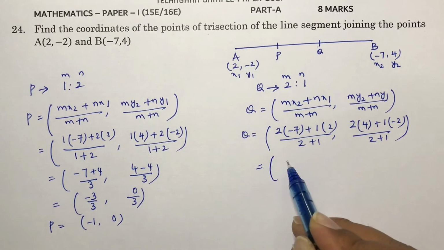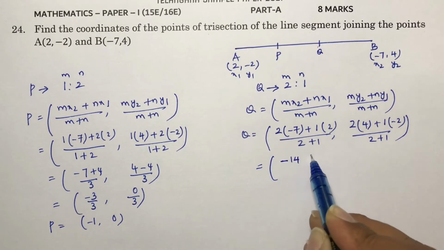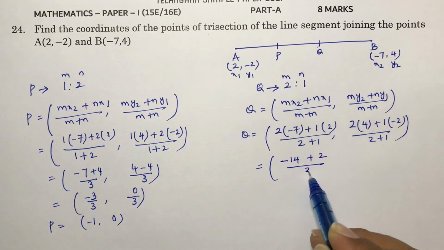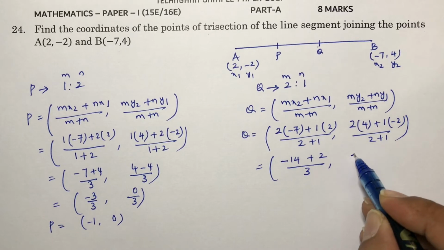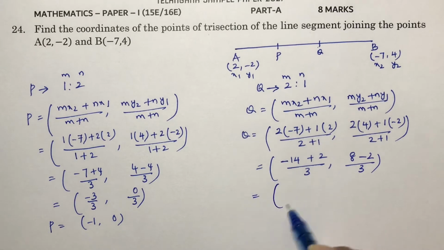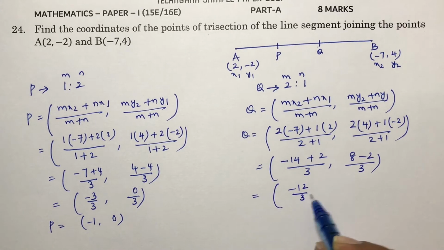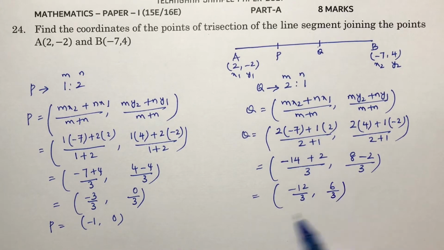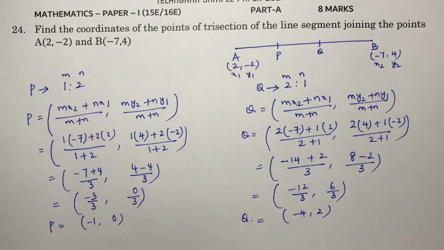So 2 into -7 is -14 plus 1 into 2, 2, by 3. 2 into 4 is 8 minus 2 by 3. So here -12 by 3, 6 by 3, that is -4, 2. So Q is (-4, 2).